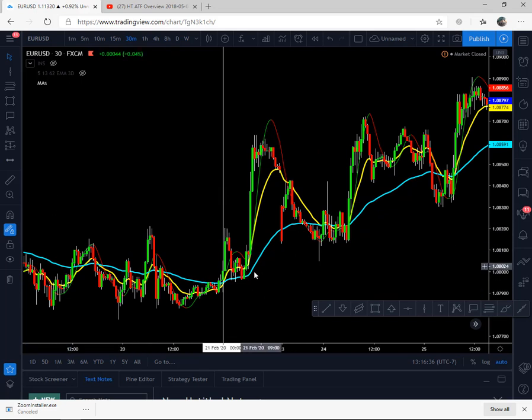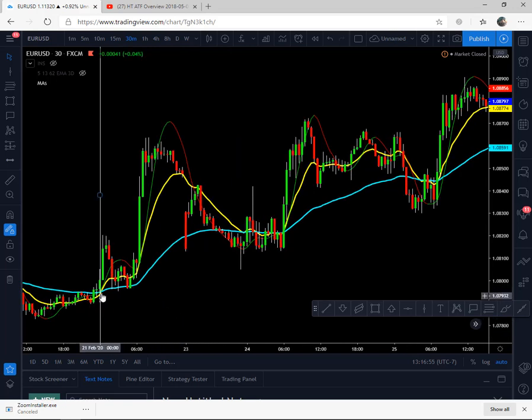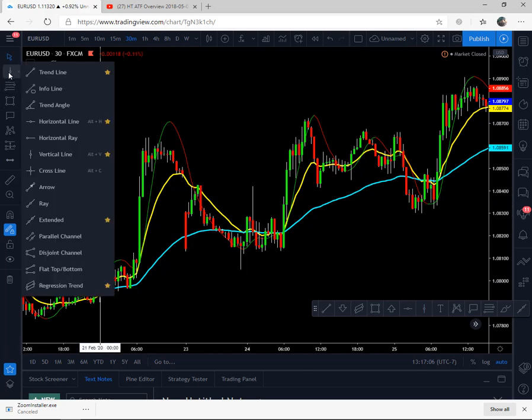Also, when you see a cross of the 13 and 62, for the most part, it means that there's a potential change in trend direction. So as you can see here, the 13 and the 62 cross, and price started to head up.